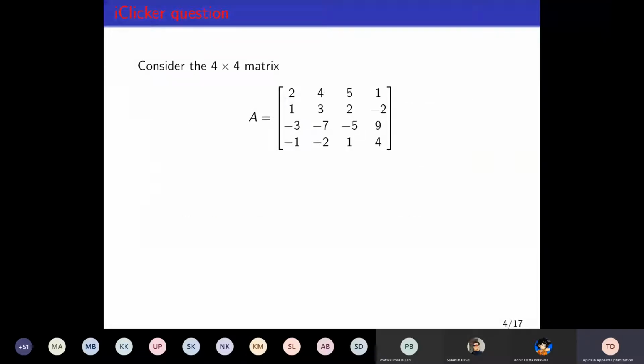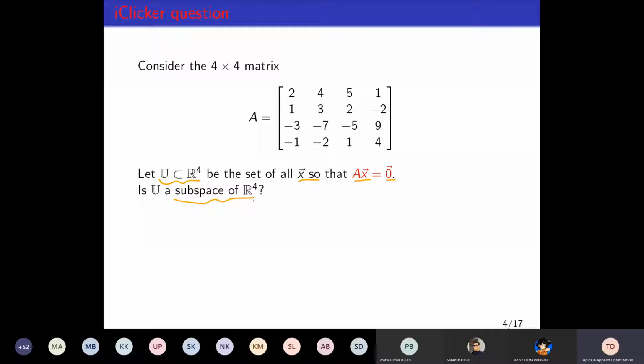Okay, so there is a question here. Consider the 4x4 matrix A. U, a subset of R4, is the set of all X such that AX equals 0. The question is, is U a subspace of R4? So U here is defined to be the set of all vectors X such that AX is equal to 0.